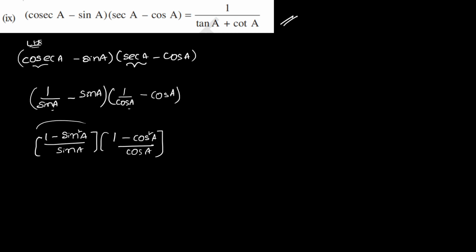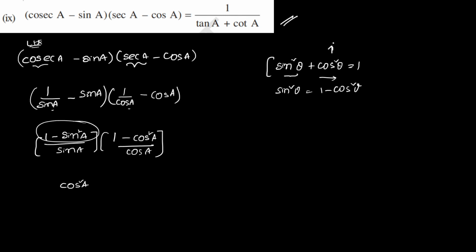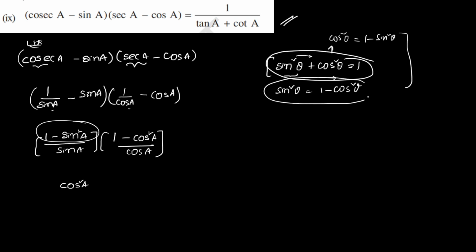Now 1 minus sin square a becomes cos square a, because from the first identity we know that sin square theta plus cos square theta is equal to 1. From this, sin square becomes 1 minus cos square, and similarly cos square becomes 1 minus sin square. That's what I told you earlier; we have to remember this identity in this form and also in these forms.